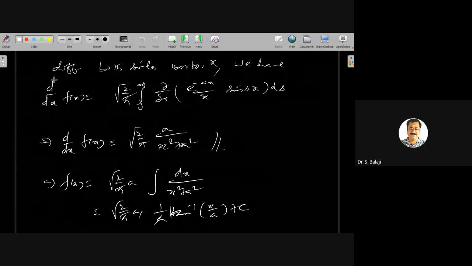We have d by dx f of x is equal to root of 2 by pi integral 0 to infinity dou by dou x of e power minus as by s sin sx ds.